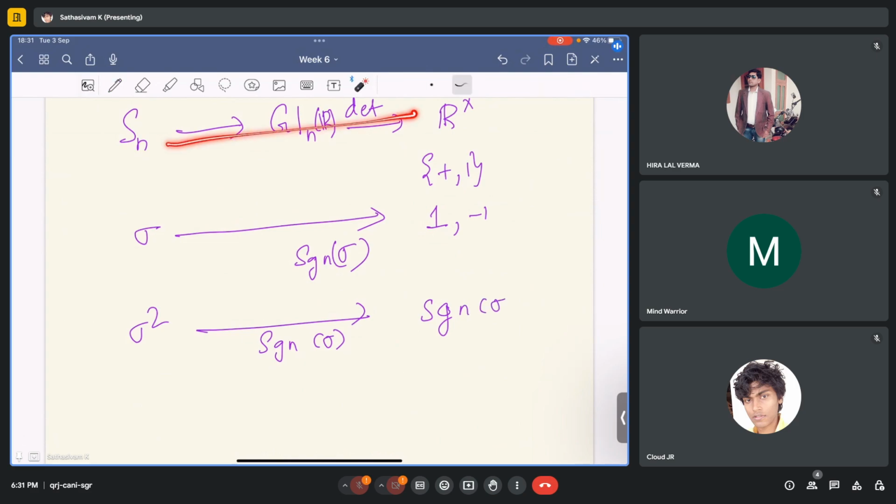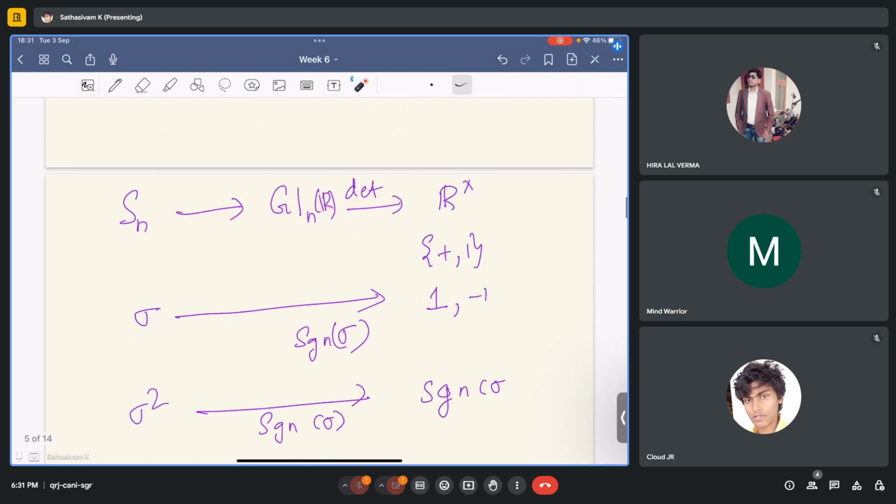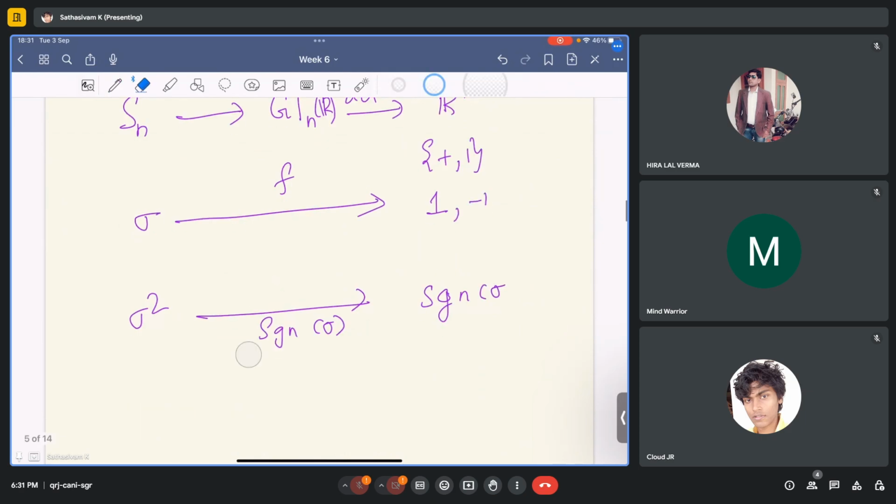This map is a homomorphism, right? So let me call this map F. The composition I called F. So this is F of sigma square.